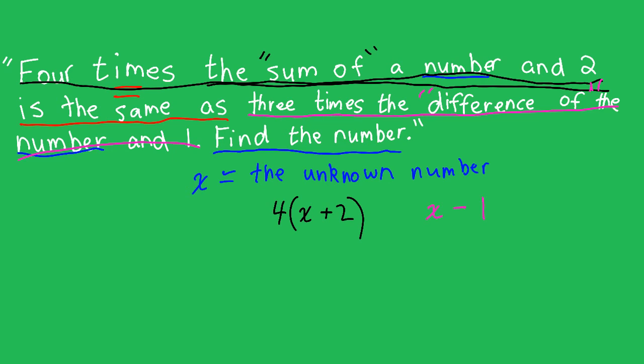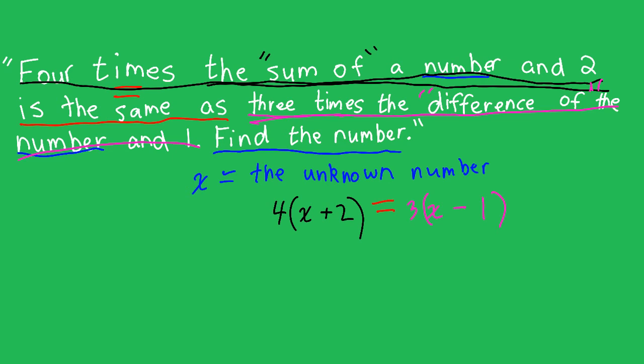And then it says 3 times the difference of the number and 1, so we multiply that by 3. So we're left with 3 times the quantity x minus 1. And then we have our equal sign here, is the same as, we'll put that in red. There's our equation there.